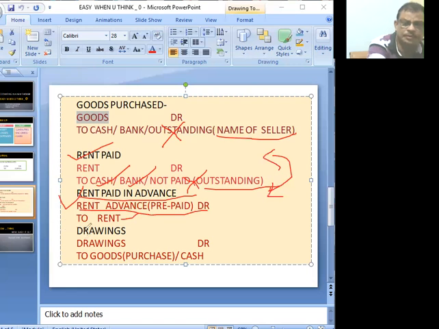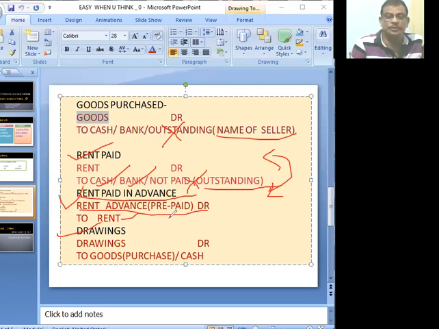So the third thing comes on drawings. When we pay capital, then it will be a liability. Then when we withdraw, it will be debit. Very easy. Then the question comes, what thing will we draw? Either we can draw cash from the business, or we can go for drawing goods.